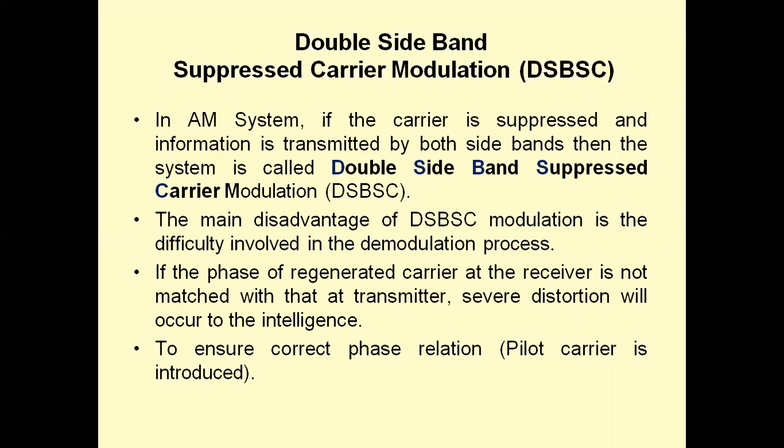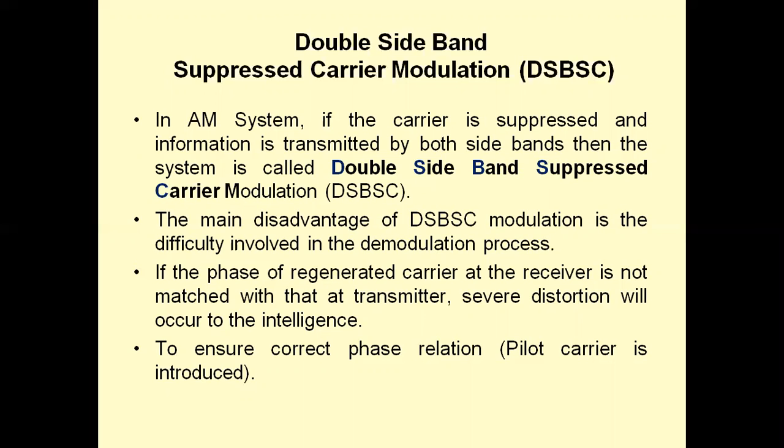And hence, in amplitude modulation, if the carrier is suppressed and the information is transmitted by both the sidebands, then we will get another type of modulation scheme known as double sideband suppressed carrier modulation scheme. The meaning of it is the carrier is suppressed and we are transmitting only two sidebands, double sidebands.